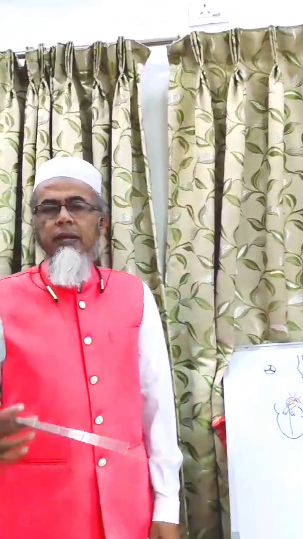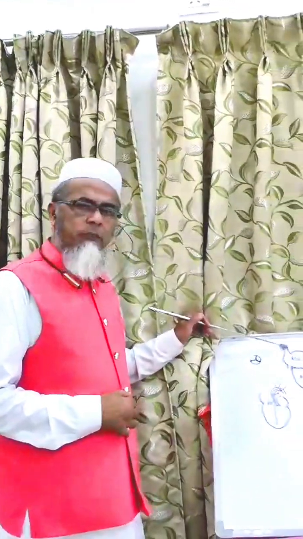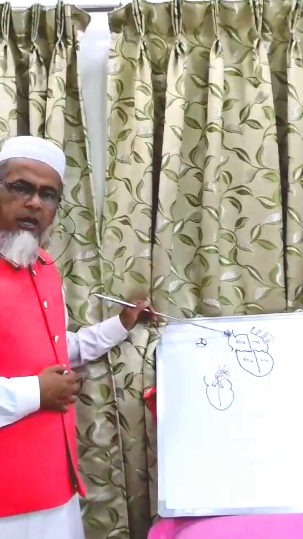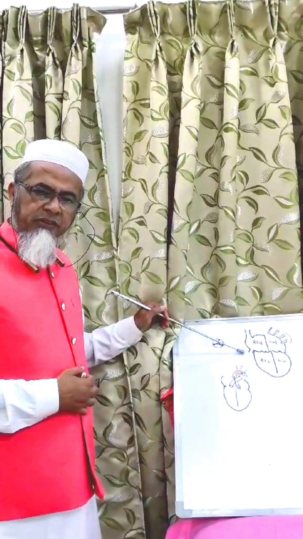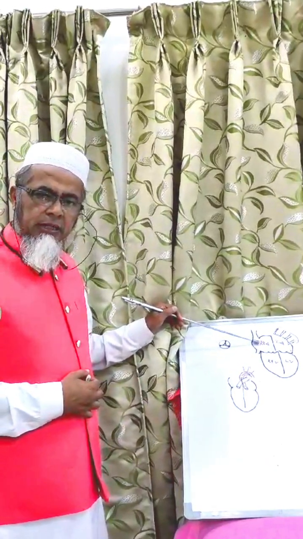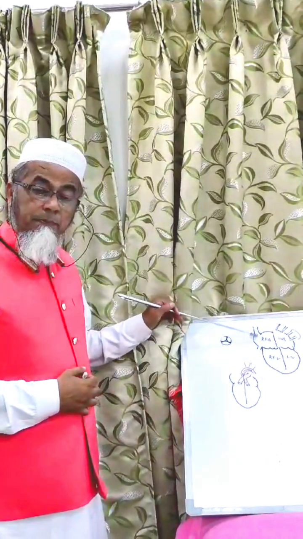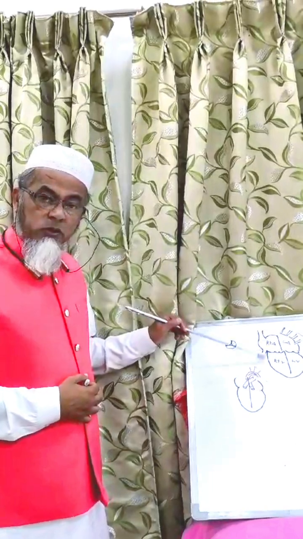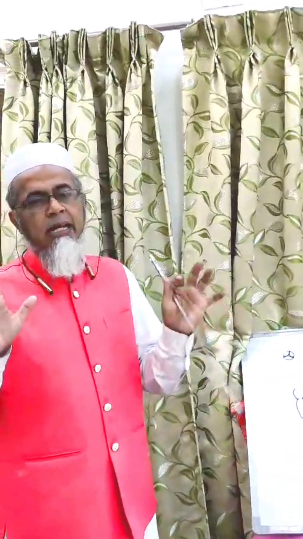Now, what will happen in tricuspid stenosis? That's a simple formula. In tricuspid stenosis, the blood received in the right atria from the superior vena cava and inferior vena cava will not be pumped completely from the right atria to the right ventricle. Say, for example, if there is 100 ml of blood in the right atria, the whole 100 ml should be emptied to the right ventricle through the tricuspid valve.